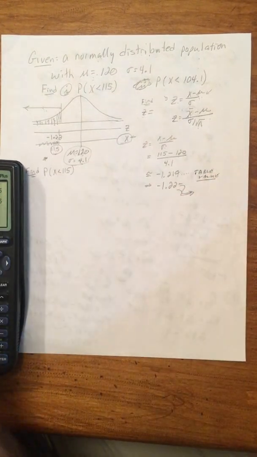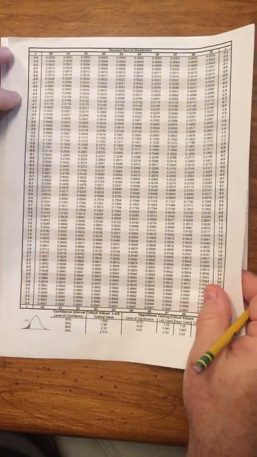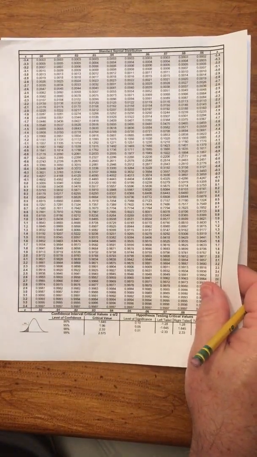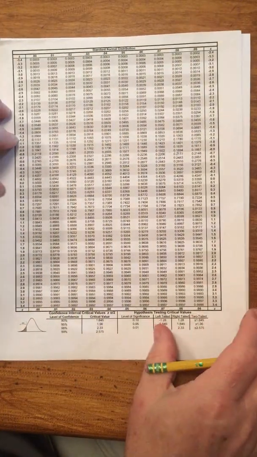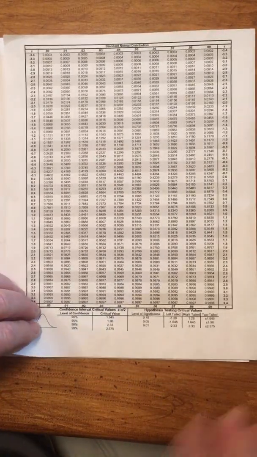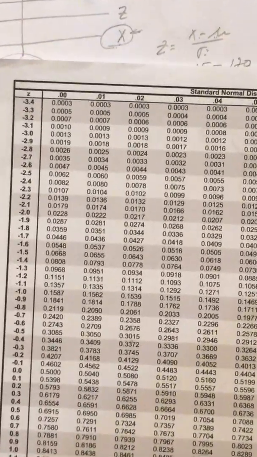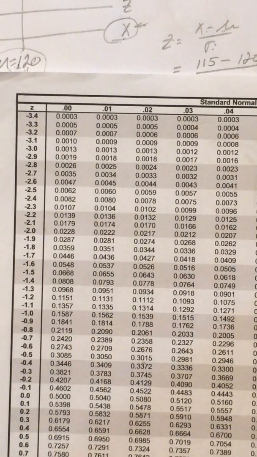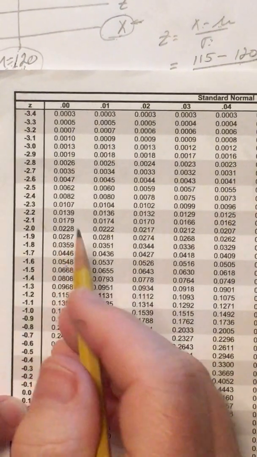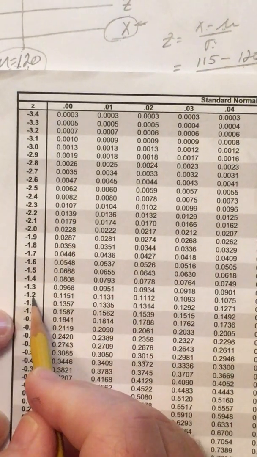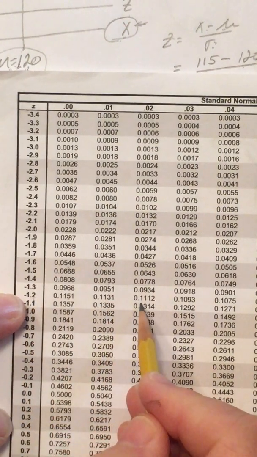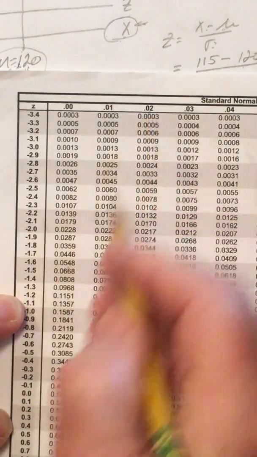Well, we have our table. Our value we want is negative 1.22. All right, so let's zoom in on that a little bit. We want negative 1.2, and then we want the 2 column, the second decimal we want to be a 2.